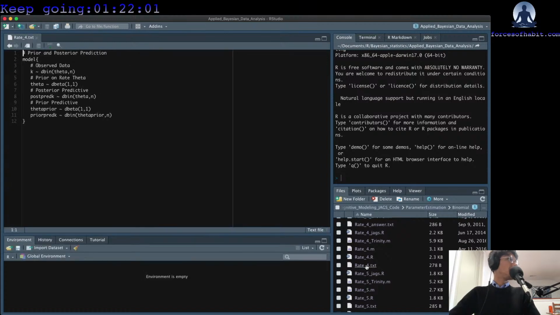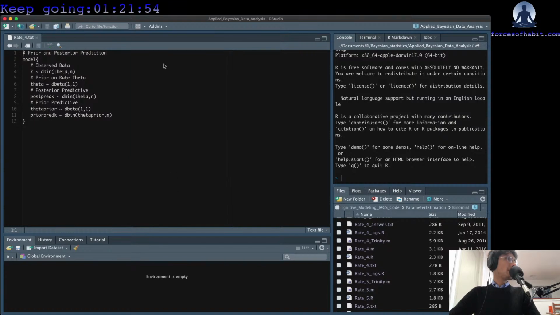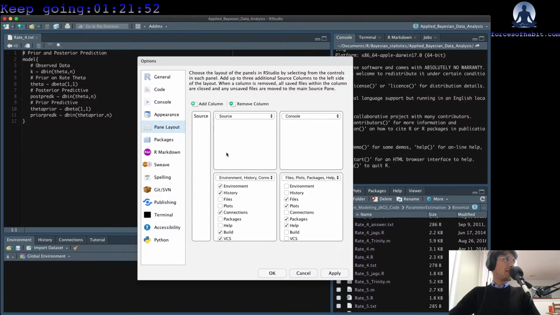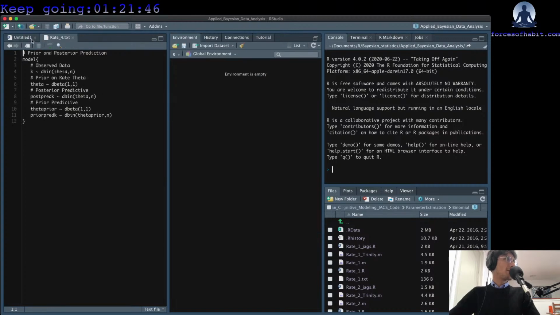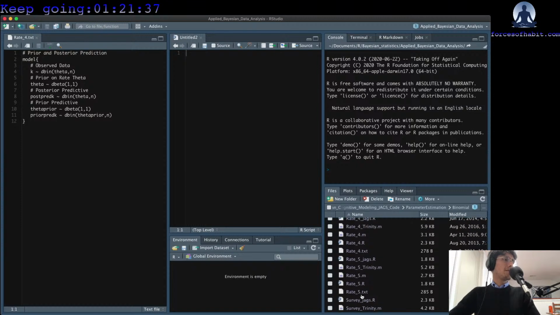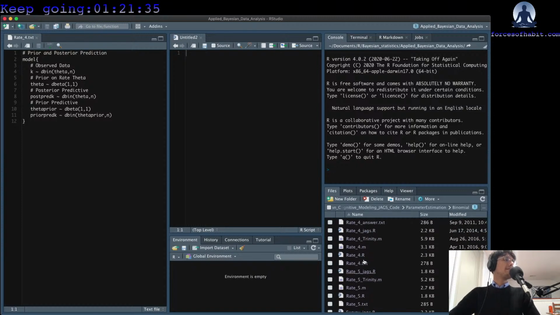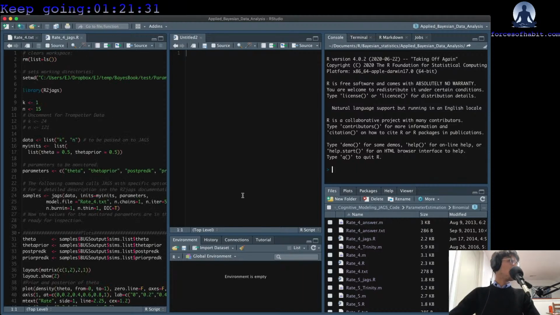So we'll need this, that's our model. I really got to figure out how to change the default so it always has that extra column, because I like it: I have the model over there, and I can keep a source here. Let's get the JAGS code up then.